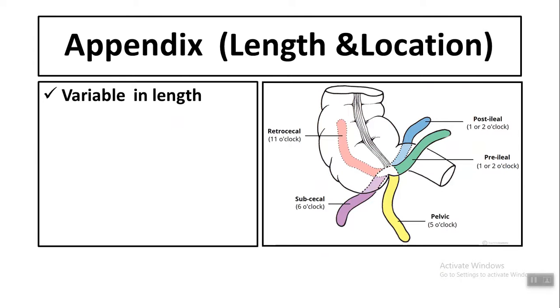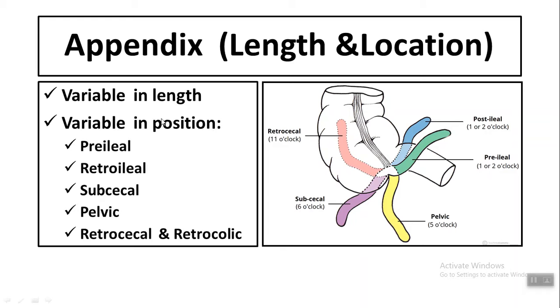Regarding the appendix length and location, first it is variable in length, and it might be from 8 cm to 13 or 15 cm, and it is variable in position. It might be pre-ileal, retroileal, subcecal, pelvic, reaching the pelvic organs, or retrocecal and retrocolic, which is a common site, retrocecal.